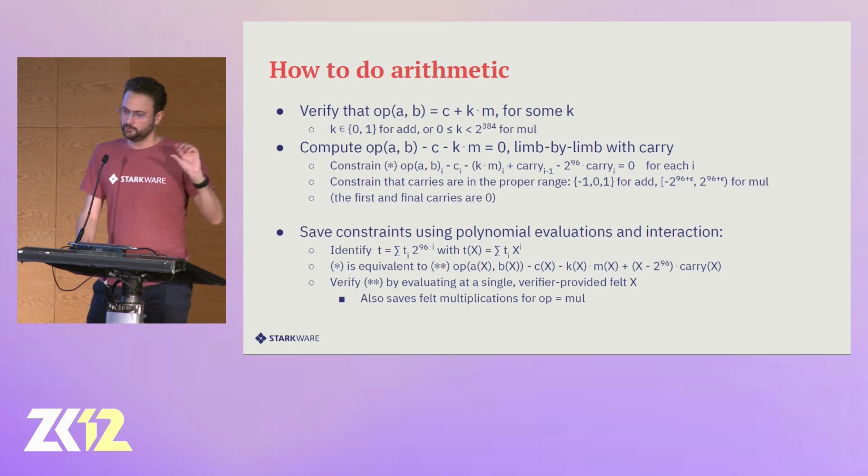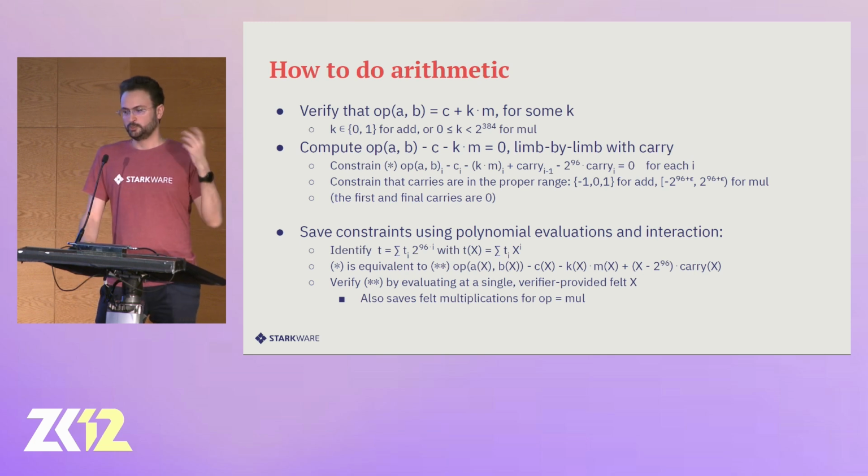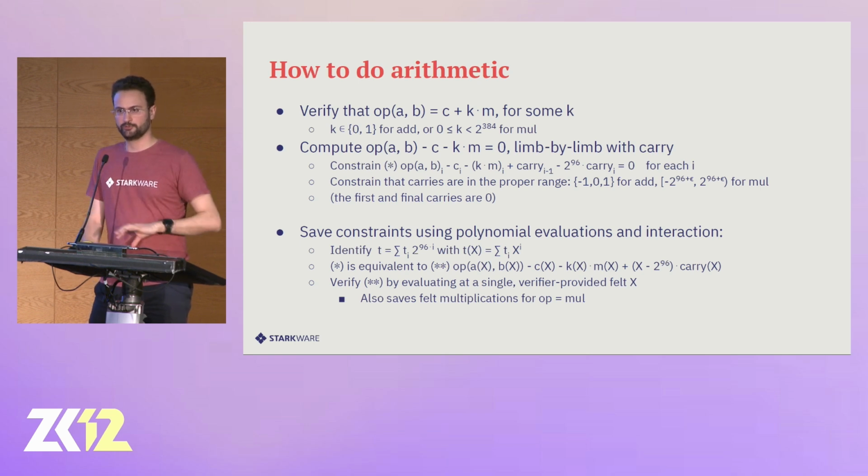All of this we can save a little bit on these constraints by using polynomial evaluations and interactions. So every element that we have here, which is written as a sum of limbs times powers of a radix, we can consider a polynomial that matches it with the same coefficients. So from the polynomial, you get the element back by just plugging in x equals 2 to the 96.